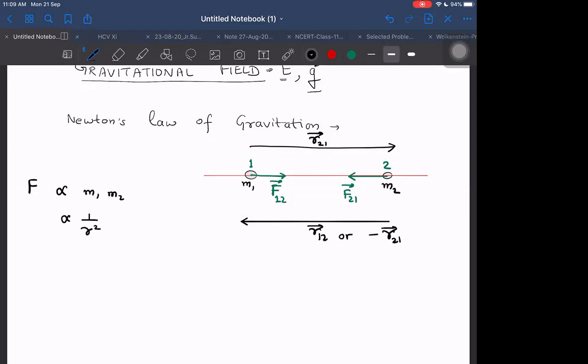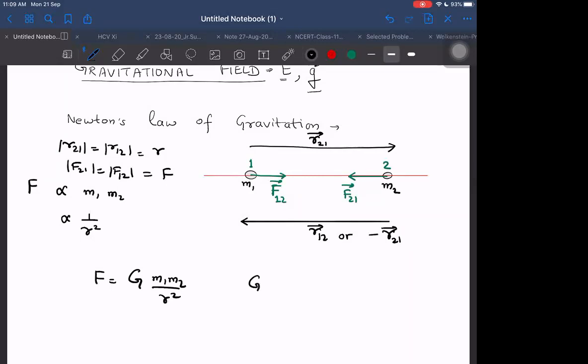Let us call the magnitude of the distance R21 equal to R12 equal to R, and F21 magnitude equals F12 magnitude, by action-reaction, equal and opposite, equal to F. So F equals G m1 m2 by R square.